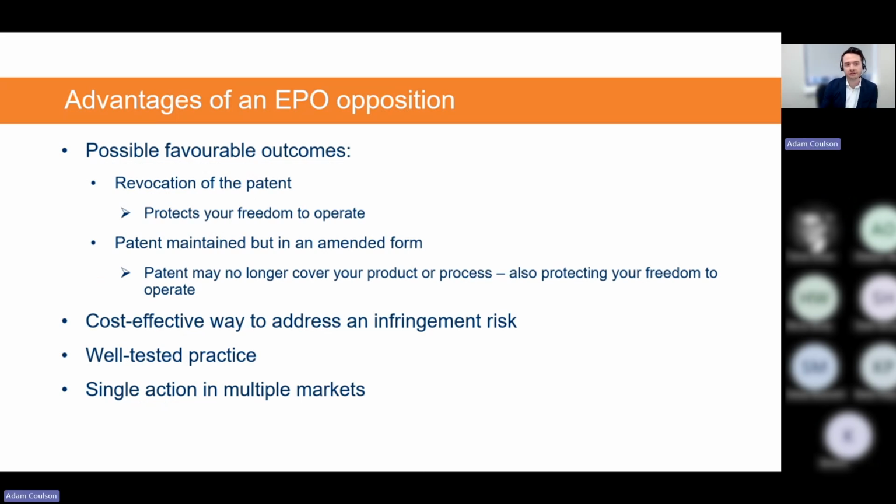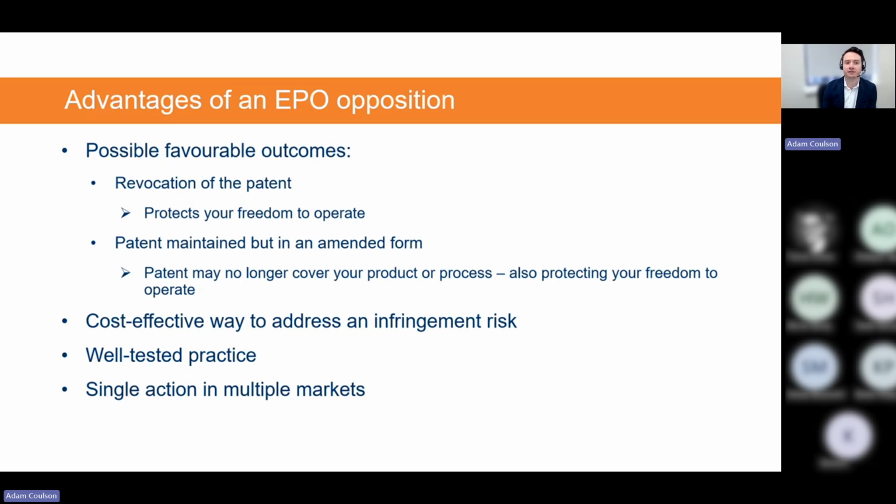So what are the advantages of an EPO opposition? Well, the advantage of a successful EPO opposition is that it may result in the complete revocation, or simply put, cancellation of a competitor's patent in all of the states or territories covered by the patent, therefore protecting your freedom to operate.